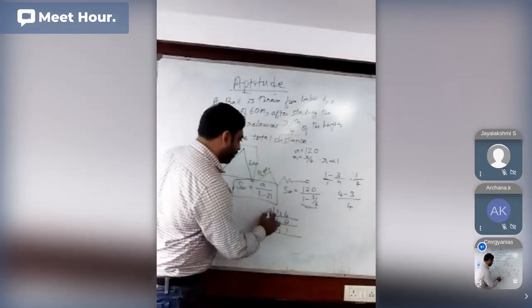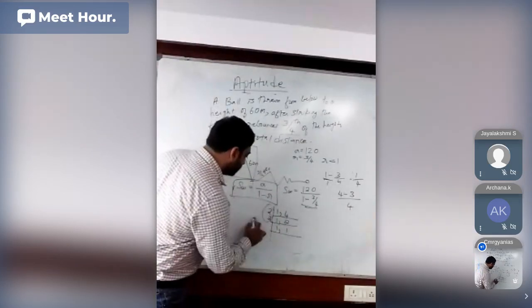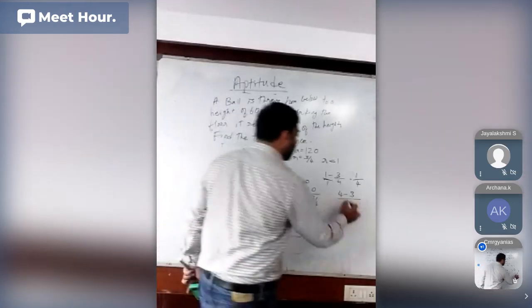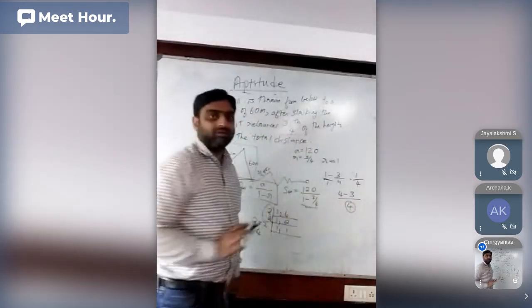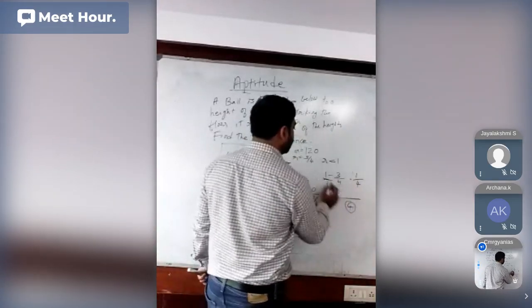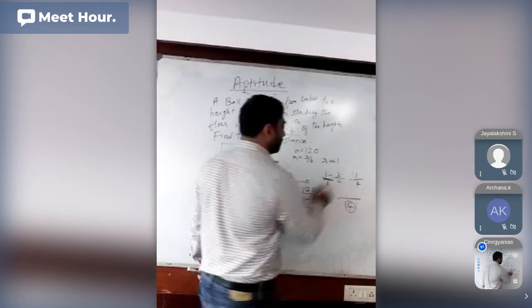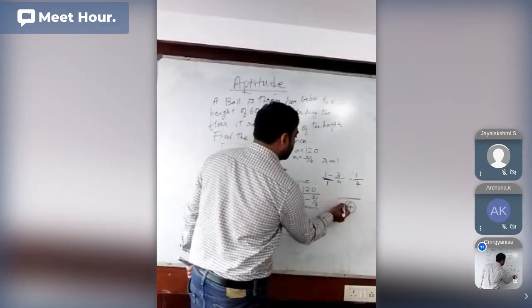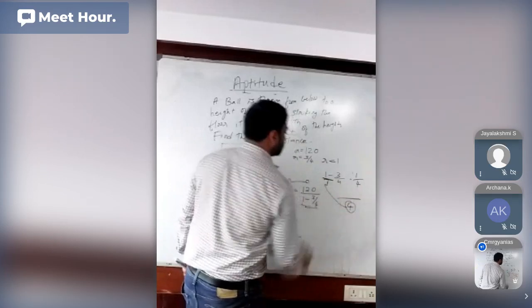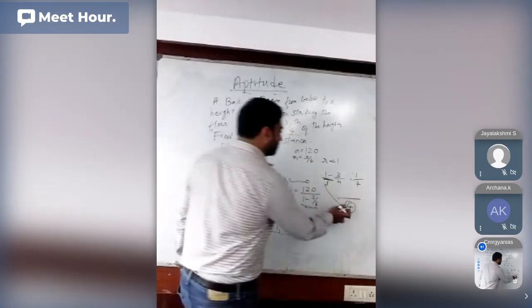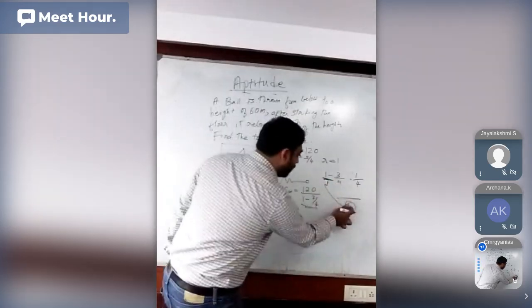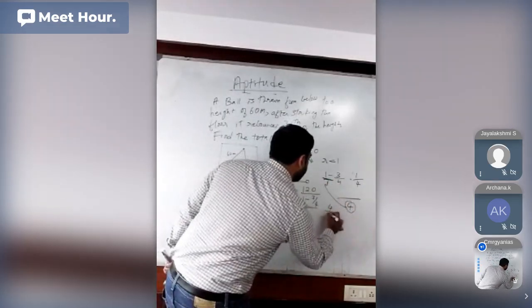So I got 2 and 2. So what I will do, 2 into 2 is equal to 4. That became my LCM. This is my 4. Once I got 4, this is what I am subtracting. So here 1 by 1 minus 3 by 4. Now what I do, this number into this number. So 4 divided by 1, this divided by this. 4 divided by 1 is 4 only.